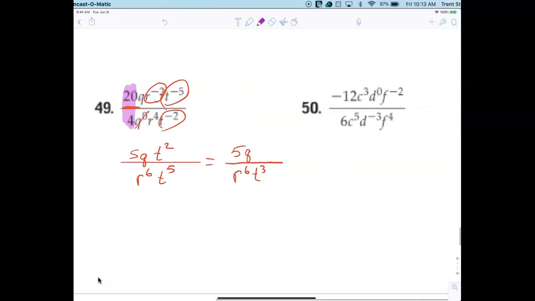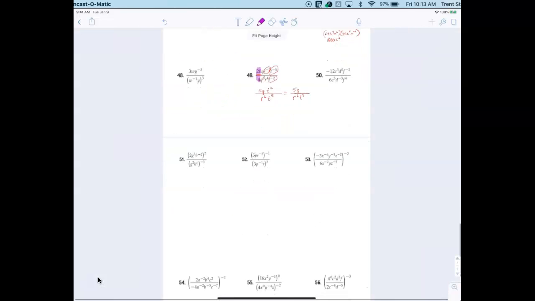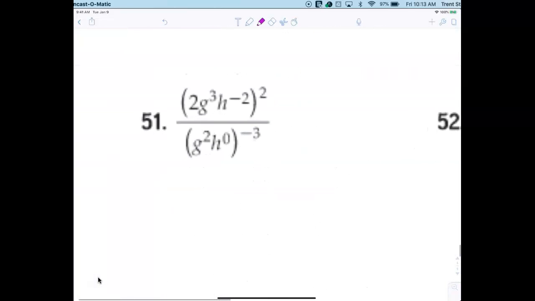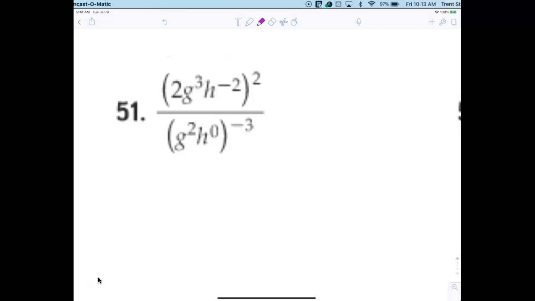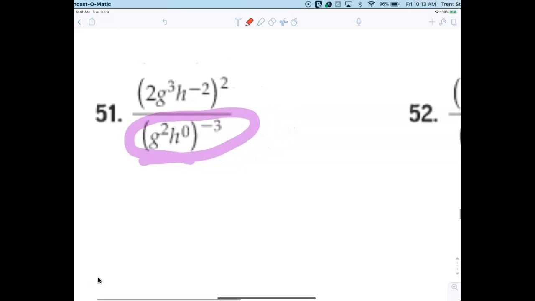Here we go. Miss Hulsman, I want you to tackle 51. Now, what do I do with this right off the bat? Where do I move it? Right. So this is 2g cubed h negative 2 squared, and then this becomes g squared.